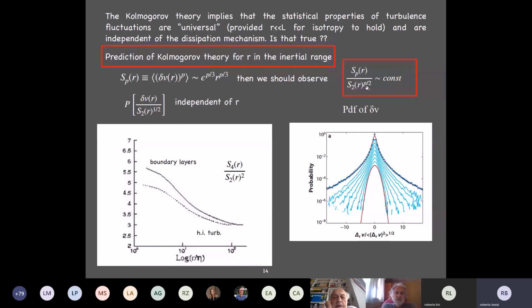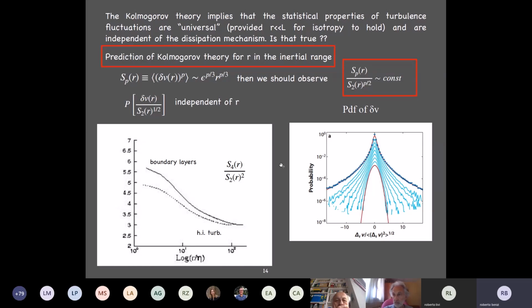Now, this is actually not true, and it was observed almost immediately after Kolmogorov put forward his theory, in the 50s. These are results from both numerical simulations and observations, where it is clearly observed that the prediction of the Kolmogorov conjecture, which is a conjecture, not an exact statement, doesn't really work when you go from very large scale to very small scale.